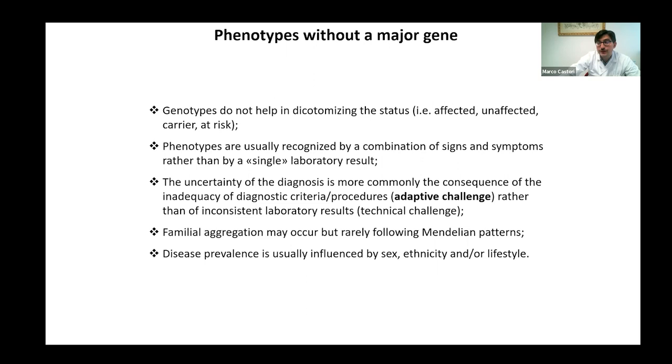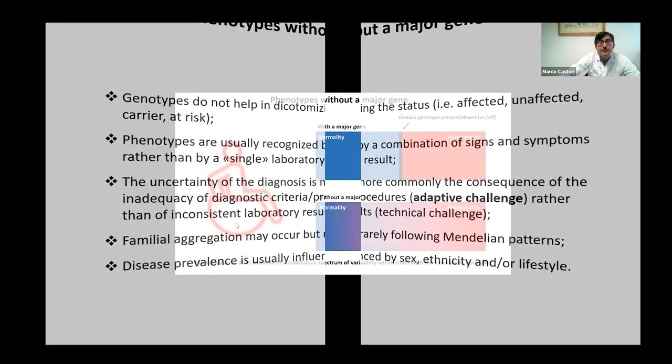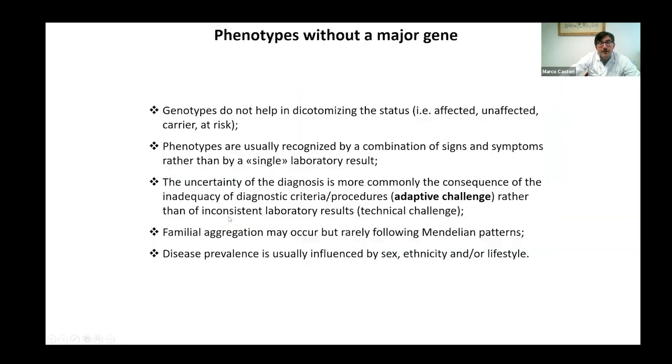Non-Mendelian familial aggregation and disease frequency variations according to sex, lifestyle, and ethnicity are common in disorders without a major disease gene. And this, for example, might explain the predominance of females in people with a clinical diagnosis of hypermobile Ehlers-Danlos syndrome, but also with hypermobility spectrum disorders.